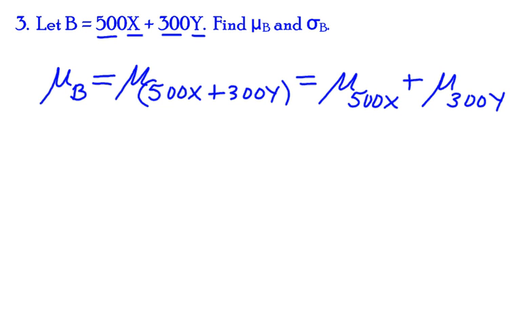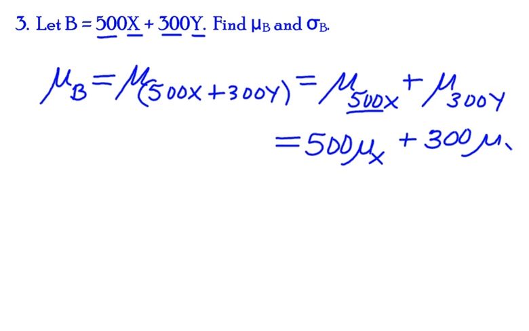We looked at in class today that taking 500 and multiplying it by every value in the random variable's outcomes creates 500 times the original mean. Likewise, multiplying every value in y's distribution causes the mean to increase by a factor of 300 as well.